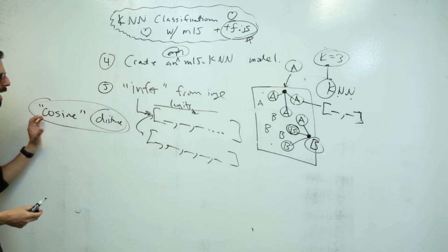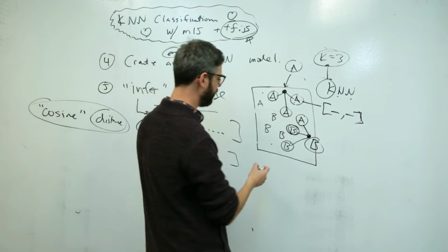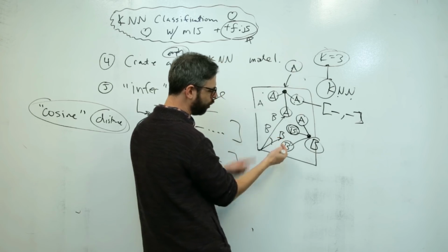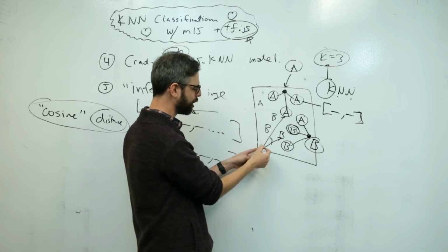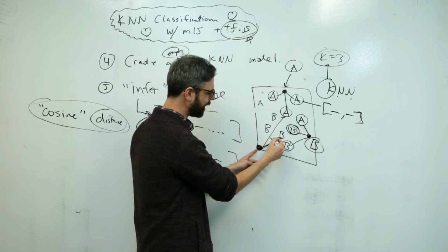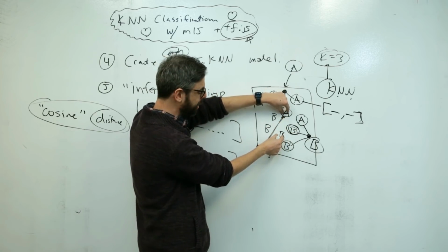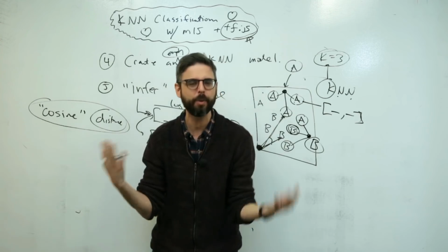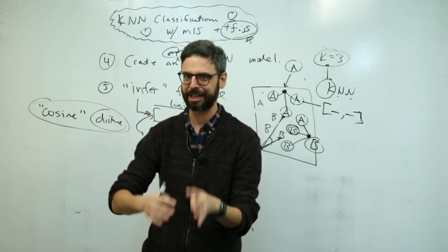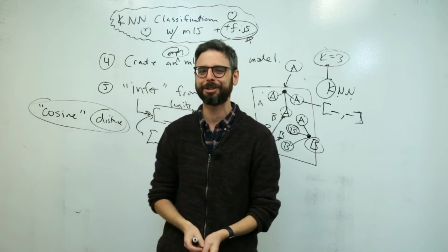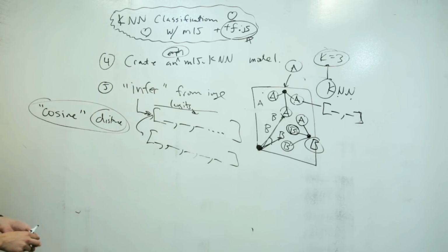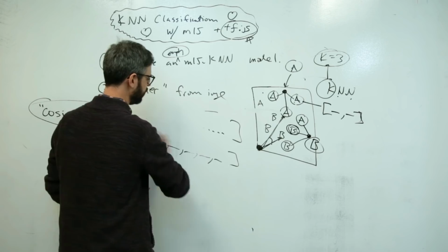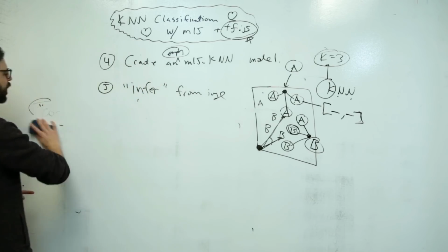You could think almost as if I wanted to compare A and B, I might look at the angle between them. If this is the origin, and I'm looking at these 2 points in 2D space, is there a small angle between them? That's kind of what cosine similarity is doing, but what's that angle in a 1,000-dimensional space?